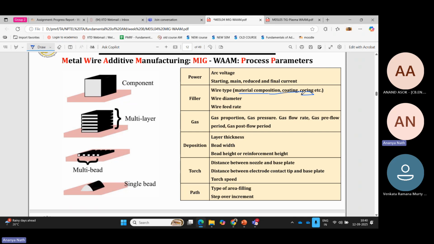These are a few parameters that are directly related to the material composition and the material type, and depending upon which you will fix the process parameter. So that's why it comes under the process parameter chart.